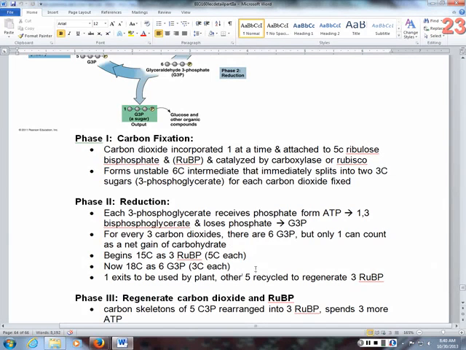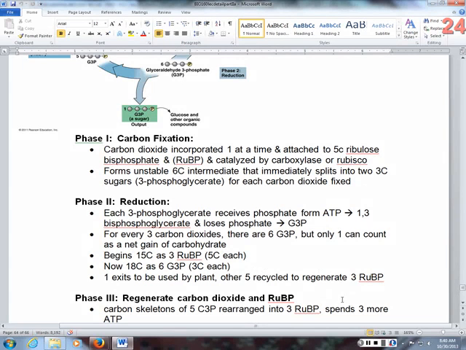So it begins with your 15 carbons as your 3 RuBPs. Then it goes up to 18 carbons, with 6 glyceraldehyde 3-phosphates of 3 carbons each. 1 exits to be used by the plant, and the other 5 are going to be recycled to regenerate the 3 RuBPs.